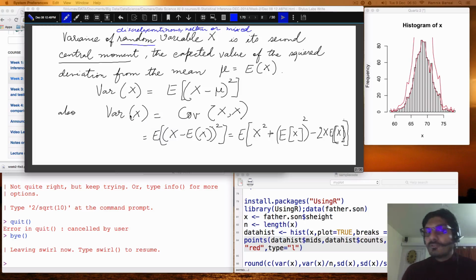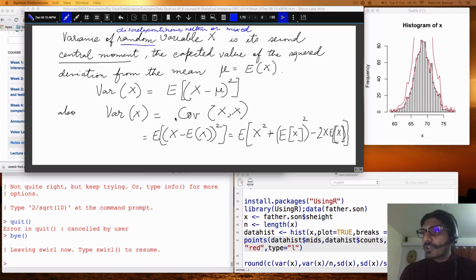All right. So if we look at the variance equation, I can replace the mu with E of x. So variance is the expected value of x minus expected value of x, the whole square.